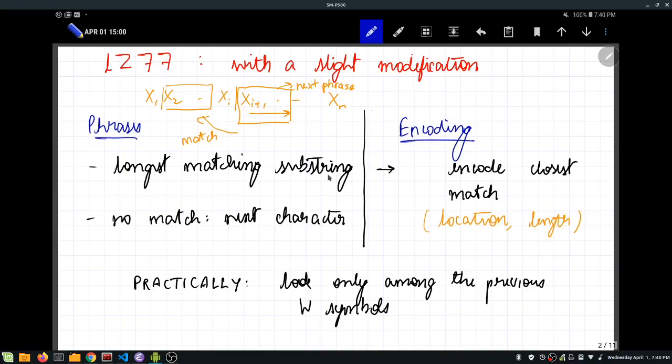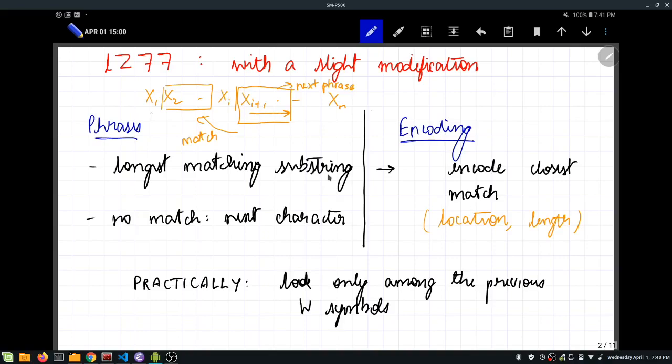And how do you encode each phrase? You have to store the location corresponding to the match and the length of the match. Now there are two ways to encode the location. You can either encode the location starting from 1.